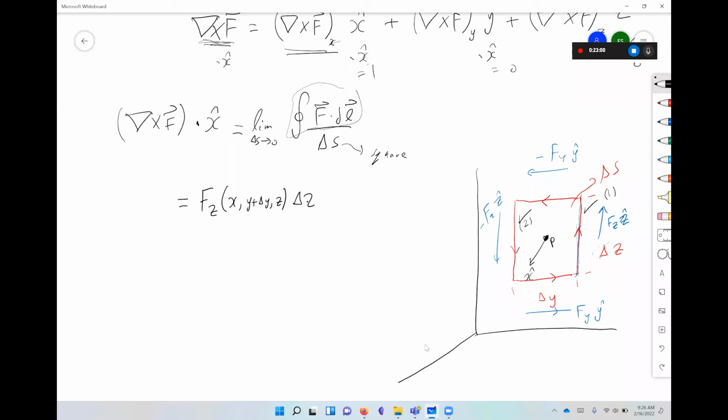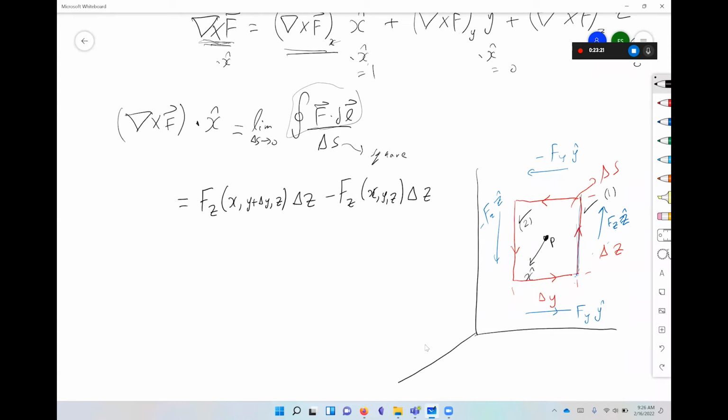This is the integral along path 1. The integral along path 2 is going to be the same, but with a minus sign and without the delta y, so it's minus Fz of x, y, z, again times delta z.